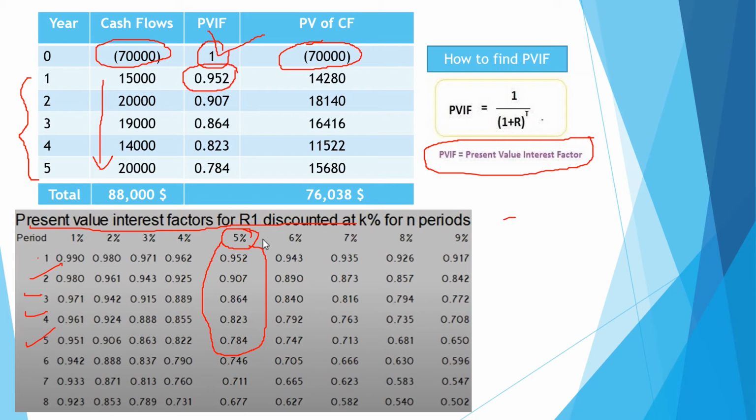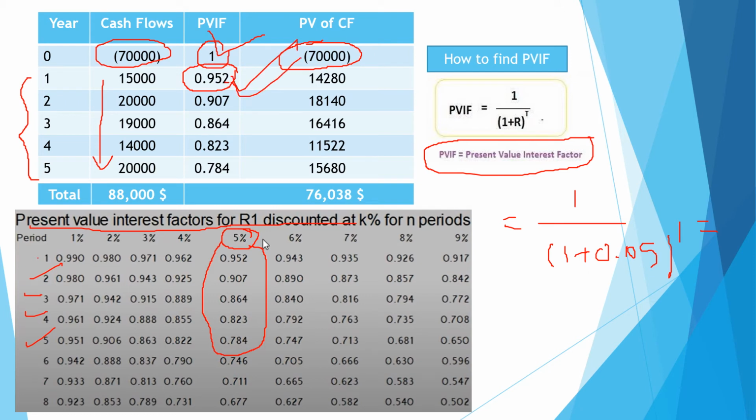PVIF is equal to 1 divided by, with the formula, 1 plus R, which is the percentage. It is 5%, so numerically we take it as 0.05, and T is 1. When we calculate it, if you have a calculator, you will receive this amount.